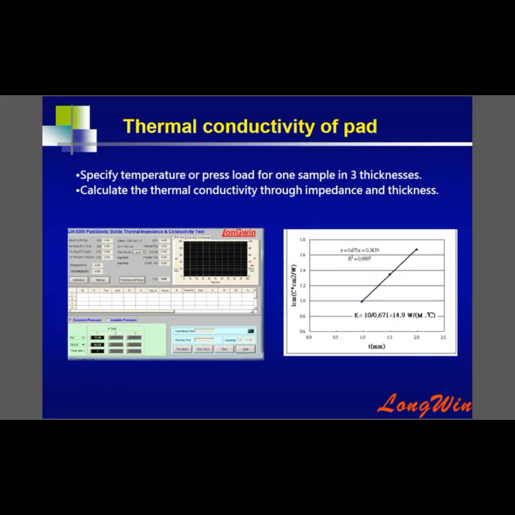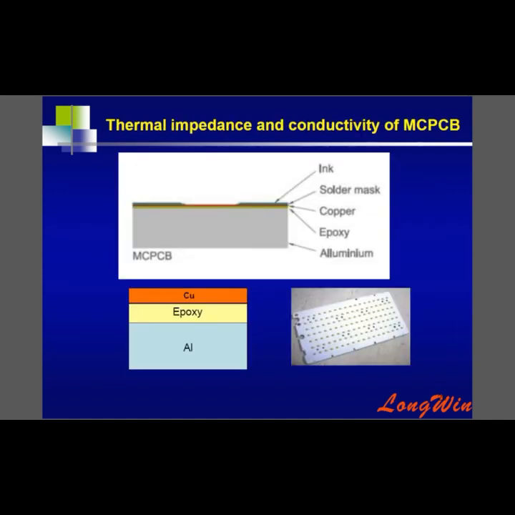And the software will calculate the linear correlation and its slope and then the thermal conductivity. As to the MCPCB board, because it's a composite material, it's not easy to prepare 3 thicknesses at the same time. So we measure its thermal resistance and thermal conductivity with one single thickness.